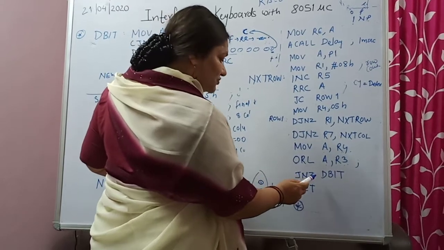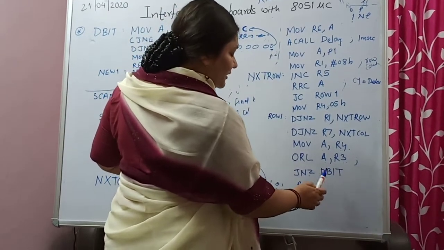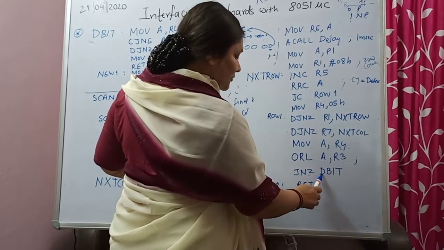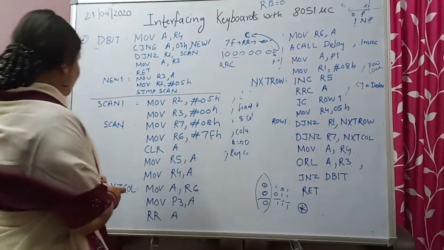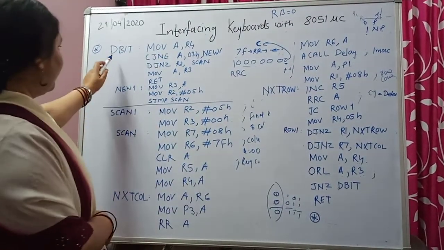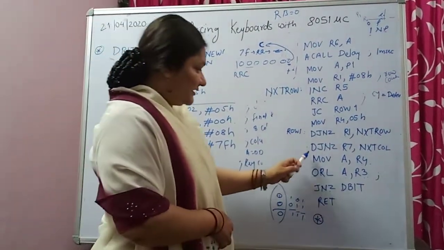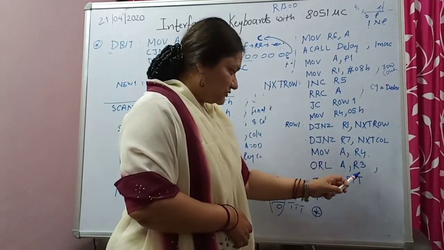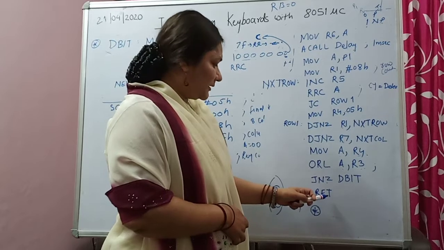And if it is not 0, then where are we going? We are going to D bit. D bit means debounce the bit. Where we have written D bit, after this the program is available over here. But if it is 0, that means R4 is also 0 and R3 is also 0, we are returning from the routine.